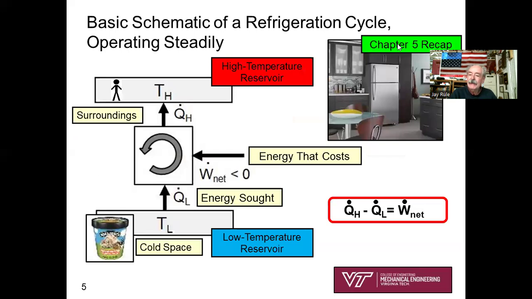And so we're still recapping Chapter 5. Let's look at that basic schematic, and let's look specifically at a refrigerator. Let's talk a little bit about how a refrigerator works and how an engineer would analyze a refrigerator. Well, in my basic schematic, everybody remembers, it's some black box.